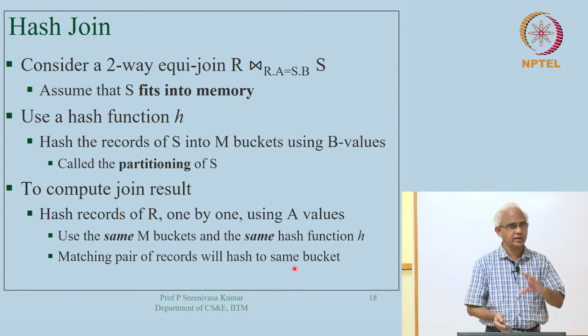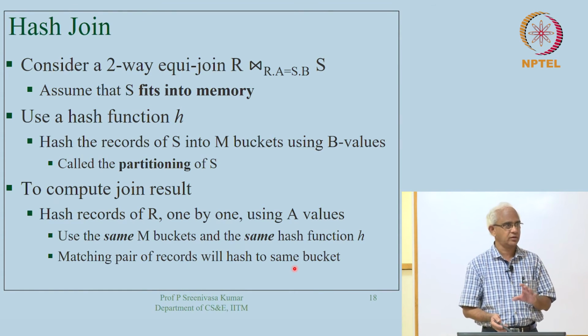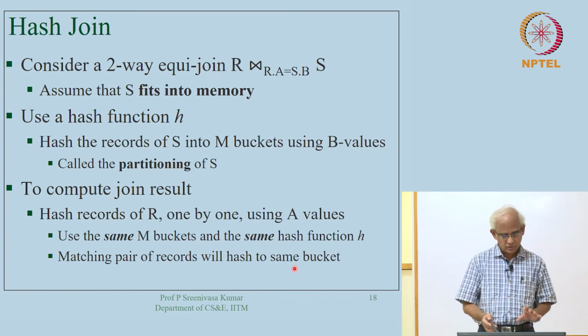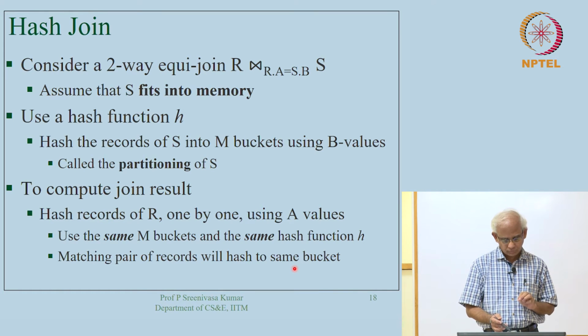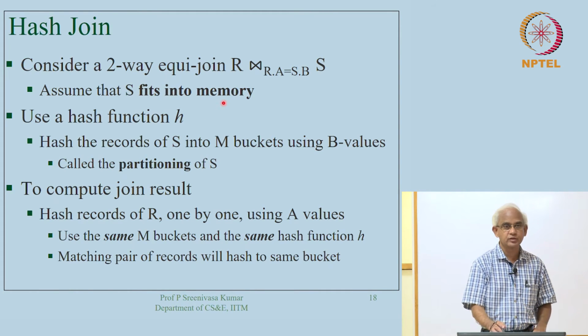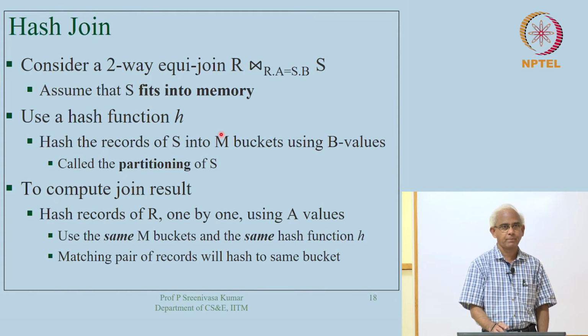Okay. So, is this idea clear? It is a very interesting, nice idea using which we can make use of hash functions in order to compute joins. But the only problem now is that we have assumed that S fits into the memory.